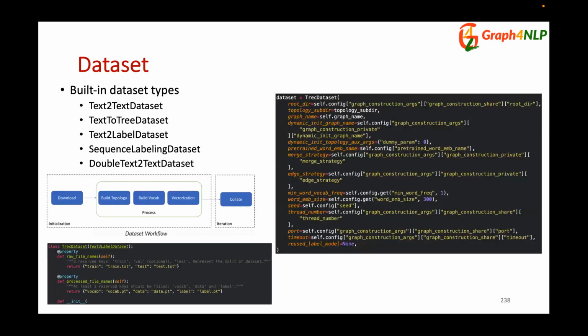Based on the built-in low-level dataset APIs, users can easily build their own dataset API by inheriting the low-level APIs. Like here, we build the dataset API based on the text to label dataset, because we want to use that dataset for the text classification task.